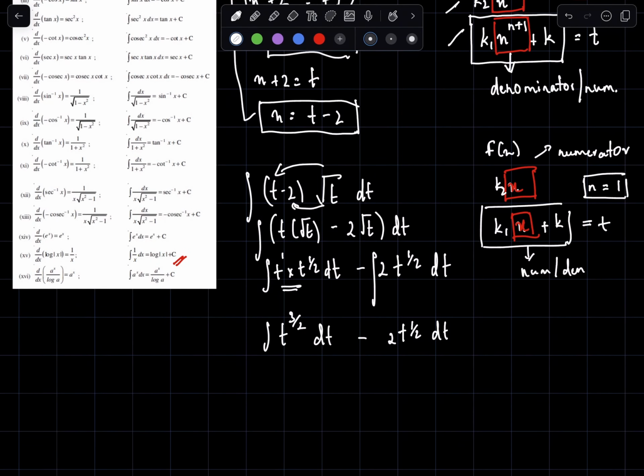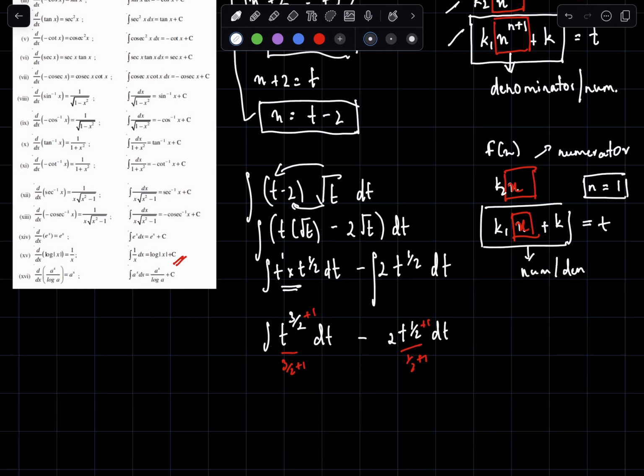Now, how would you integrate this? So simple, you know this, plus 1, and then 3 by 2 plus 1, and then again half plus 1. So what is 3 by 2 plus 1?